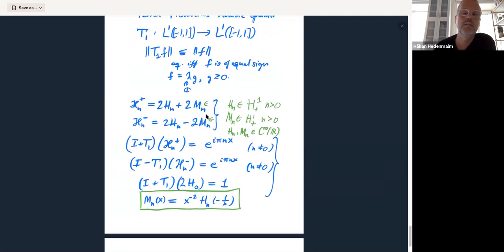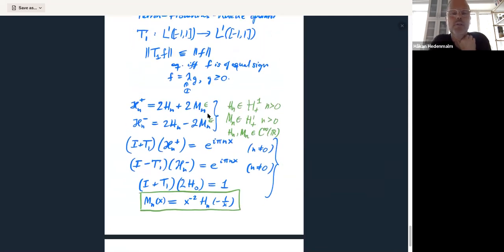And then, what can I say more about these things? Well, there is a relationship here. These functions hn and mn were a bit mysterious, but they are related with this Perron-Frobenius-Ruelle operator, and they solve these kinds of equations.